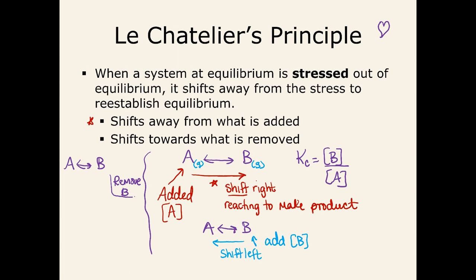I'll just put remove B. This is going to shift to replace it, so it's going to shift right. So that's the second one, that Le Chatelier says that it's going to shift towards what's being removed. The idea, though, and this is really important, is when we do these shifting, adding, removing, Kc stays the same.